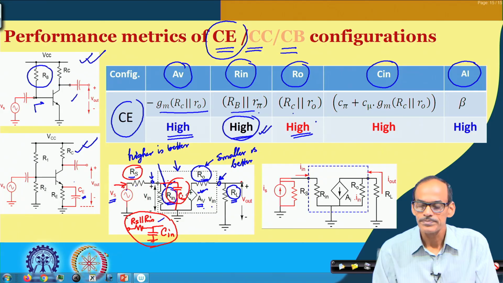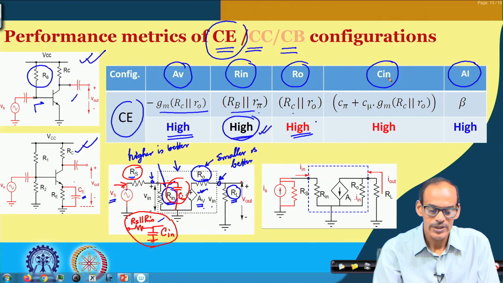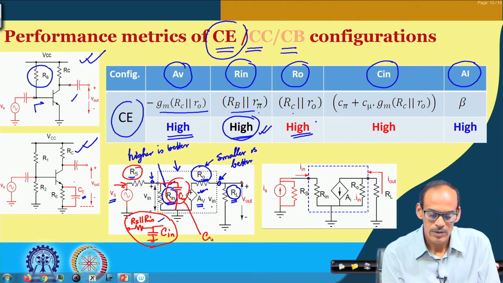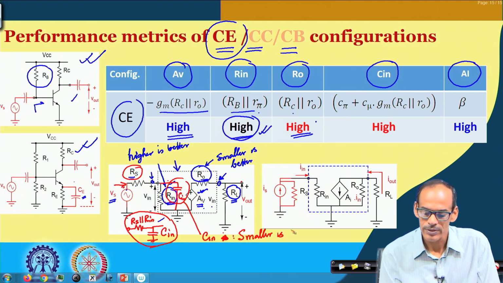So, here again, C in smaller is the better. So, the C in is smaller, so I should say smaller is better.